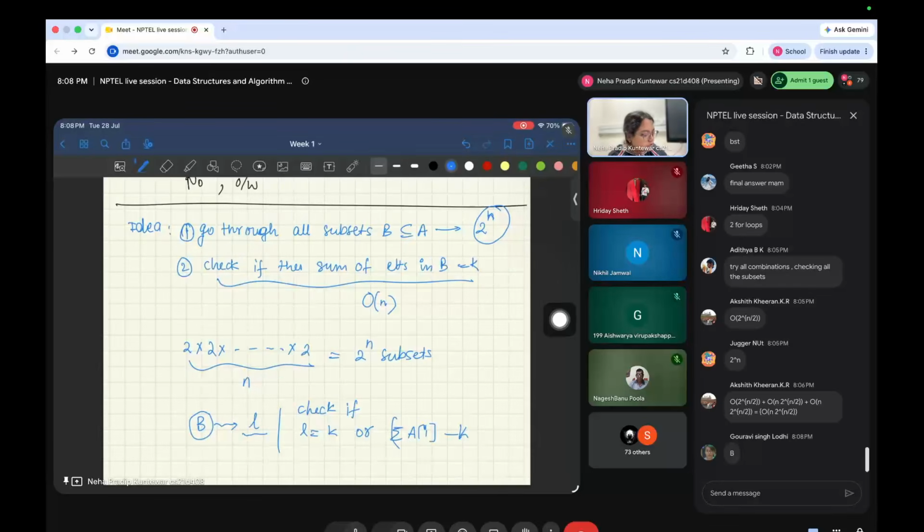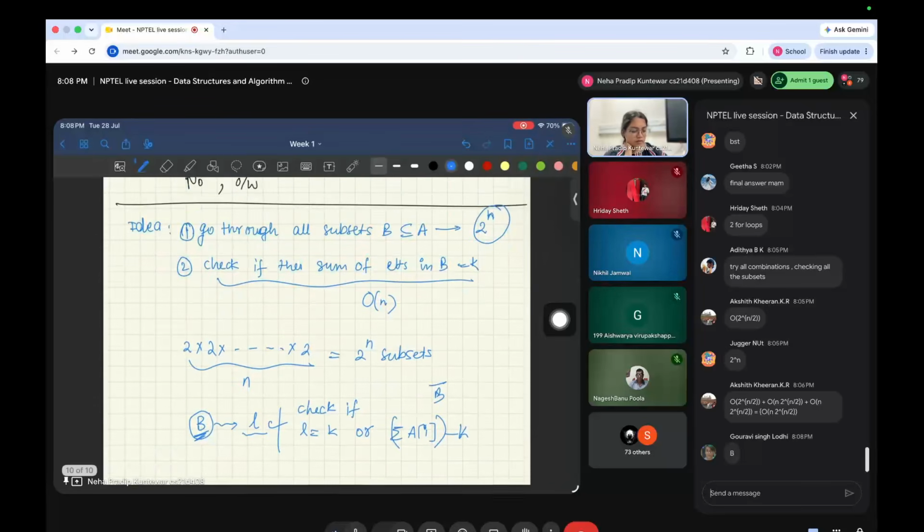Okay, so what does this mean? If B or the complement set of B has a sum of k, then I will catch it in this step itself. So by doing this I'm removing one set. For every set we are saying that its complement is redundant. Is this fine?